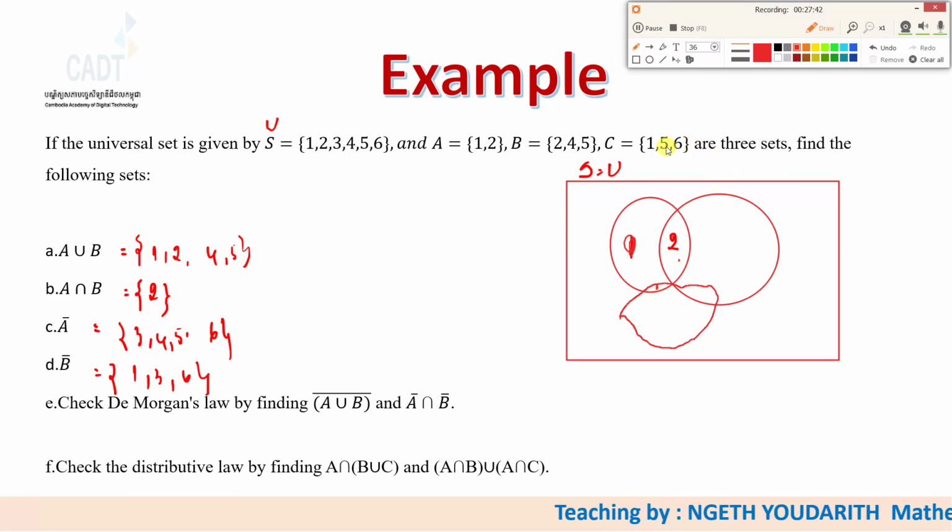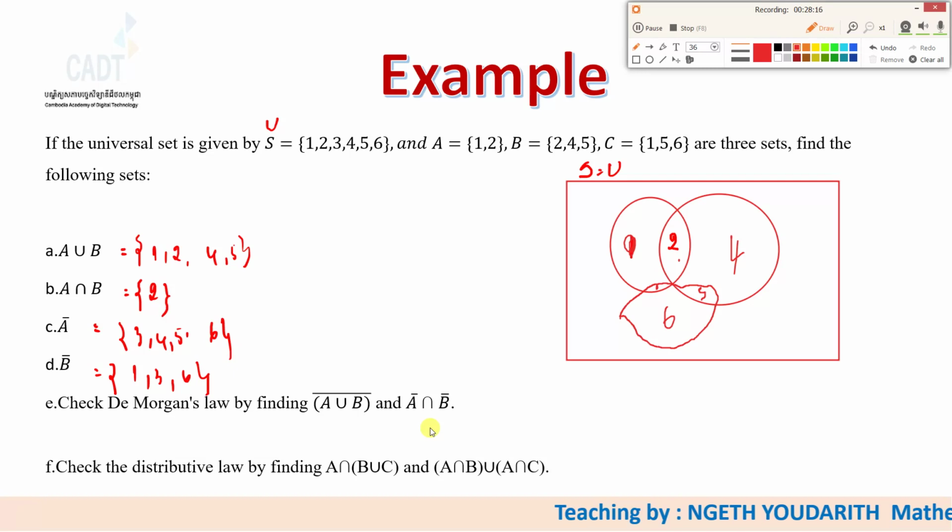And B and C is 5. So 2 is here, this one is 4, and 1, 5, and 6. Yeah, this is our Venn diagram. So A intersect B, A union B, the complement of A union B, and the complement of A intersect the complement of B. This is the kind of our De Morgan law.